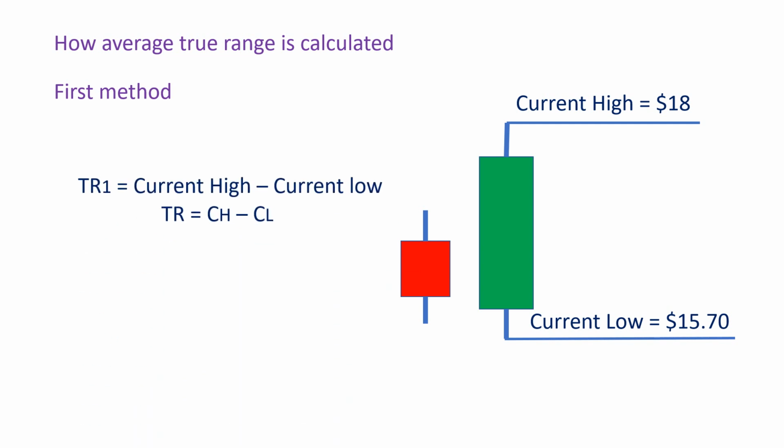This is the formula for this method, and when we plug in the current high and current low values, the result is $2.30, which means the price fluctuates $2.30 for the duration of this candle.